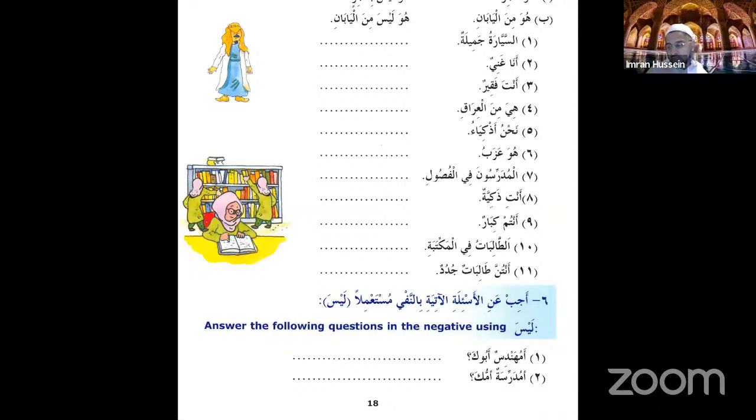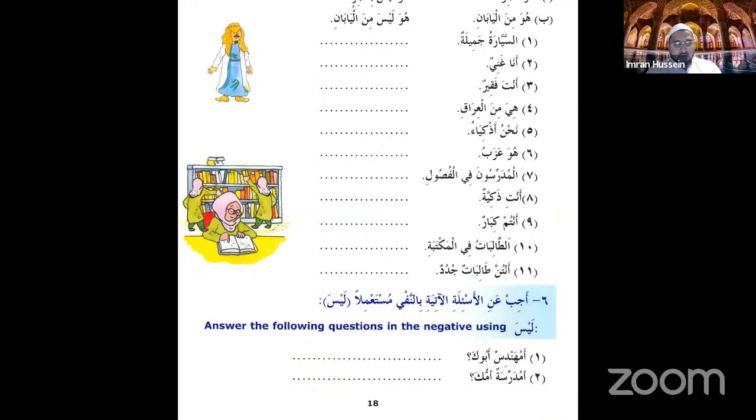But if you're going to say the plural, I saw female students, because it's a sound feminine plural, in the case of nasb it takes a kasra tanween. So you say ra'aytu talibatin. Got it, doctor?